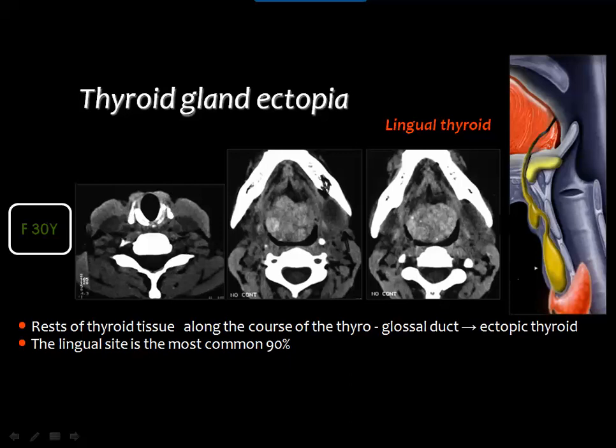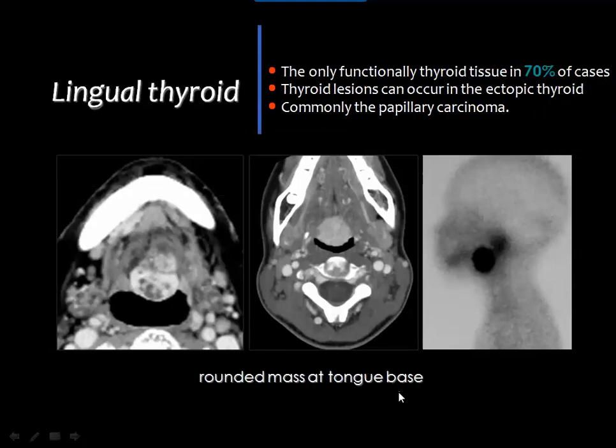In this particular example, at the level of the normal anatomic location of the thyroid gland, you don't see any thyroid tissue. But at the floor of the mouth, there is a big lump encroaching on the oral cavity, and this lump shows matrix calcification and is bright or hyperdense without contrast enhancement, denoting thyroid tissue, which is usually hyperdense in the pre-contrast scans.